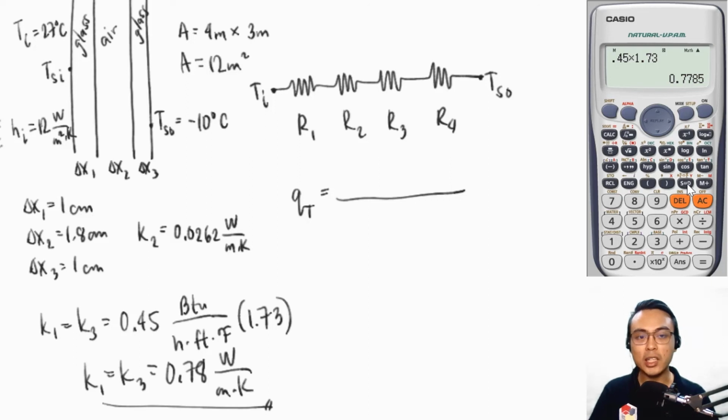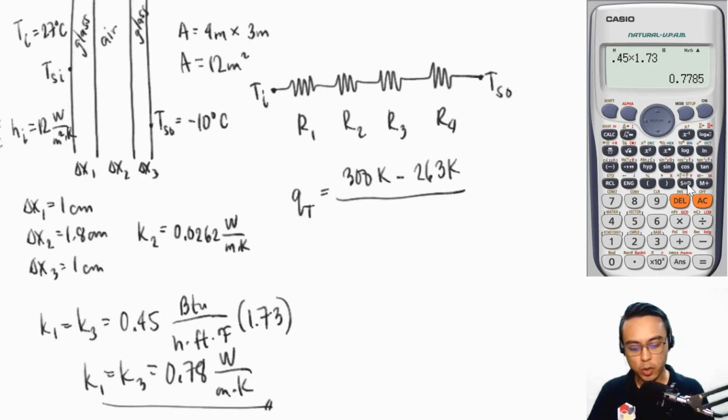That would be Ti minus Tso. So that is 27 converted to Kelvin, that is 300 Kelvin, minus negative 10 degrees Celsius, which is 263 Kelvin, all over the sum of the resistances.